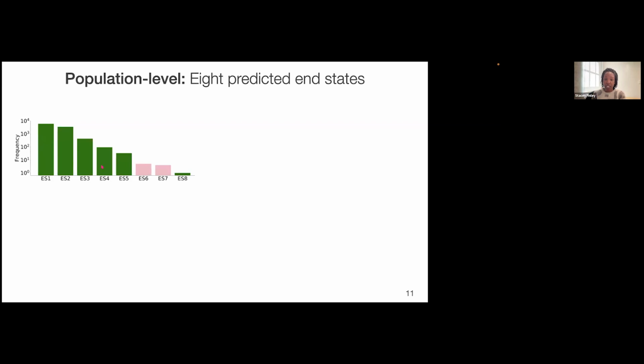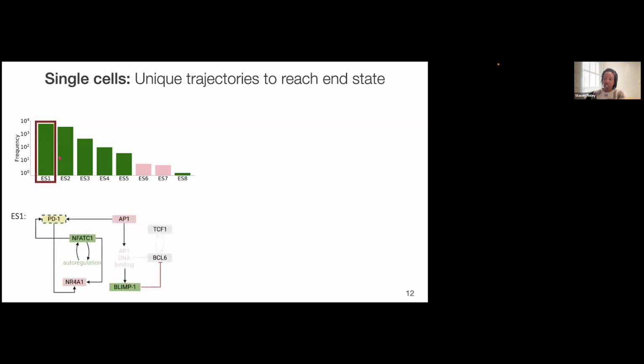Now, what's maybe a little bit more interesting is that out of that 25 node network that I showed previously, each of these end states really only consists of a set of 7 core genes. Just as an example, if we look into end state 1, it has to do with just these 7 core genes, where I have again colored them pink if they correspond to a proliferative state or influence proliferation, or green if they correspond to a state that is influenced by exhaustion.